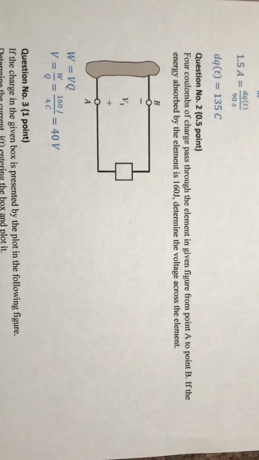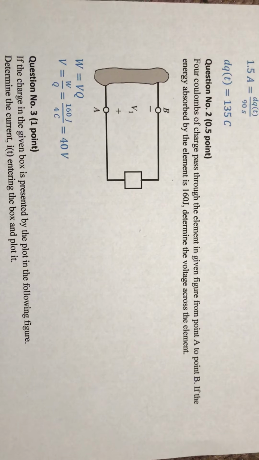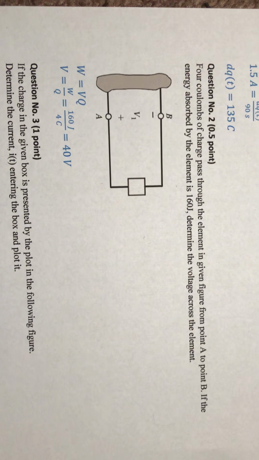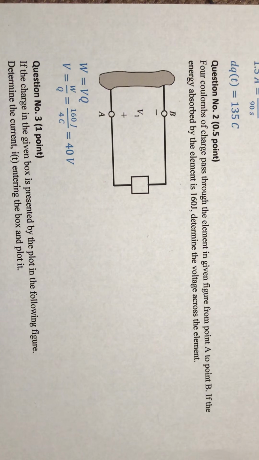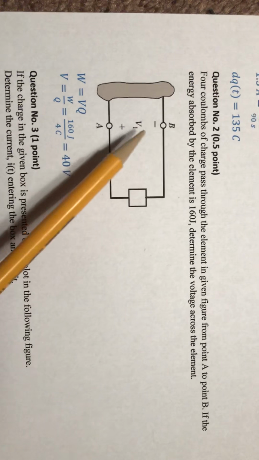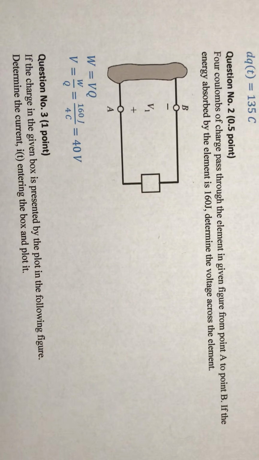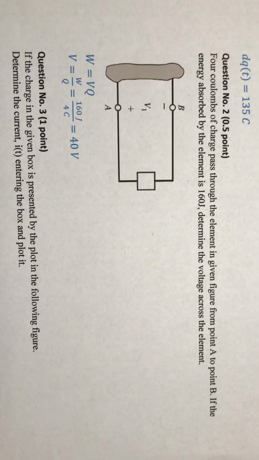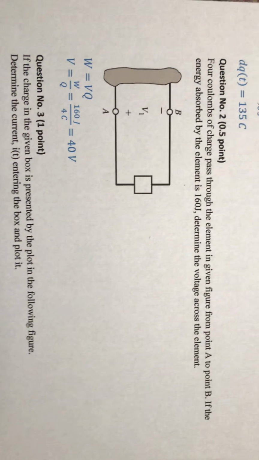Okay, moving on to question number 2, which says that 4 coulombs of charge pass through the element in the given figure from point A to point B. If the energy absorbed by the element is 160 joules, determine the voltage across the element.